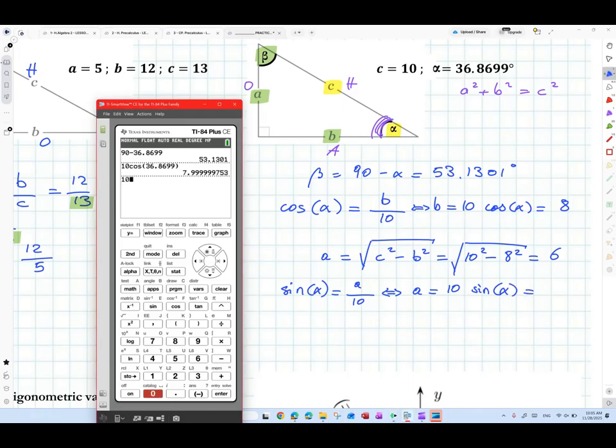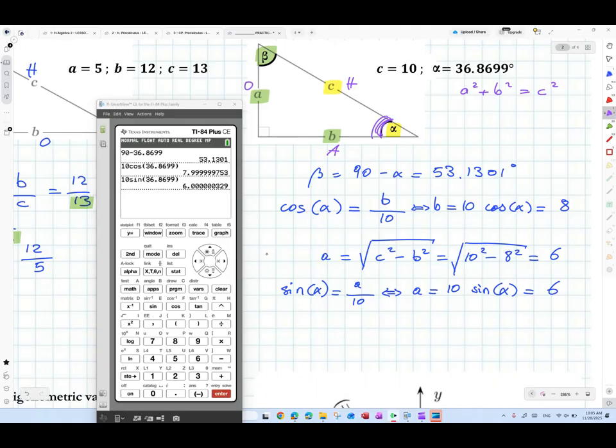And 10 times the sine of alpha, which is 36.8699, would be 6. See, those results are consistent. You do not need to do both if you are not being asked to. And that's it.